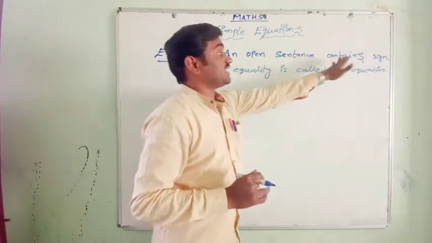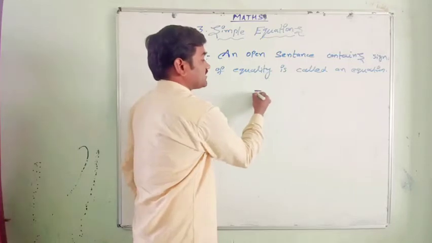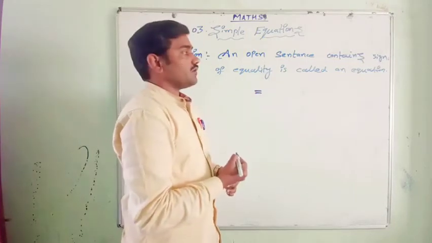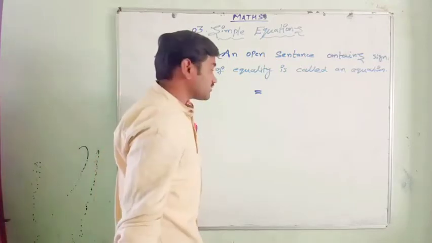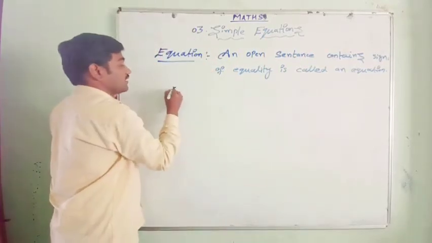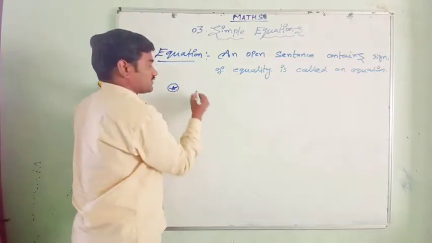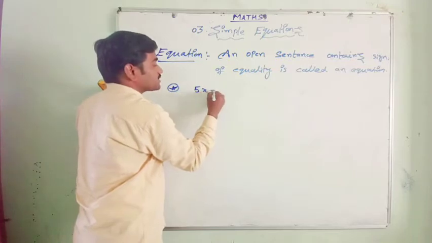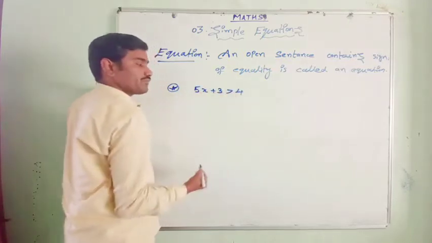An open sentence contains a sign of equality. Sign means symbol, equality symbol. This is the equal symbol. Okay, it's called equation. Suppose here I will write some things. Let us see which of the following are equations and which of the following are not equations. Suppose here 5x plus 3 is greater than 4.